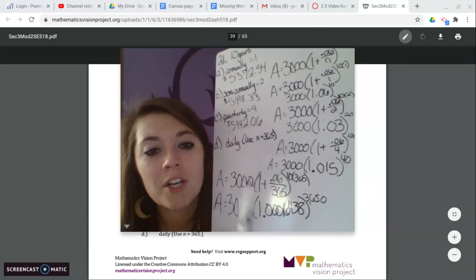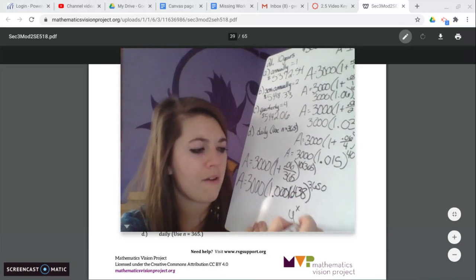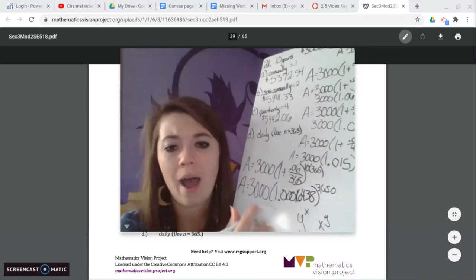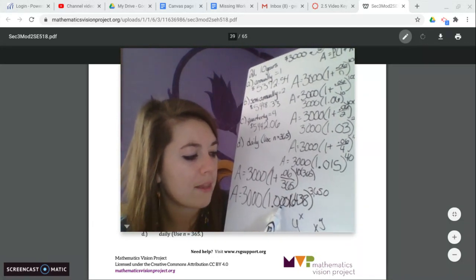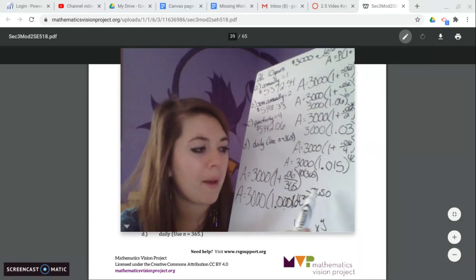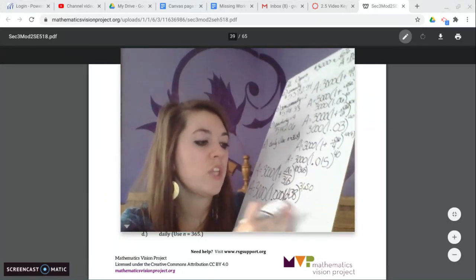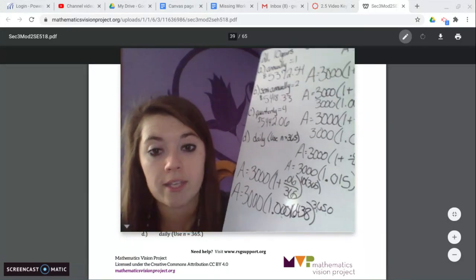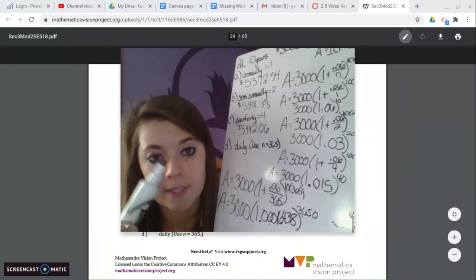That's a lot of times to multiply this. So make sure on your phones you should have a y to the power of x or x to the power of y button. I'm not sure which it is for certain, but you'll type in what this number is, hit that button, and then you'll type in your exponent and it'll give you your answer. So be sure you're using that on these rather than actually multiplying this number times itself 3,650 times.